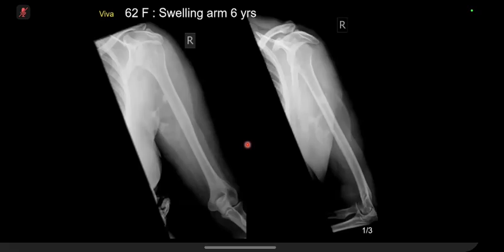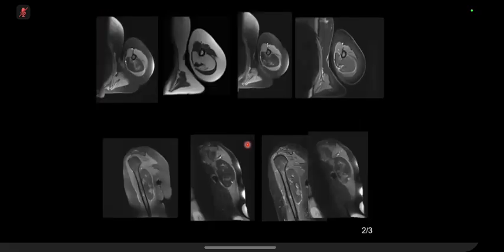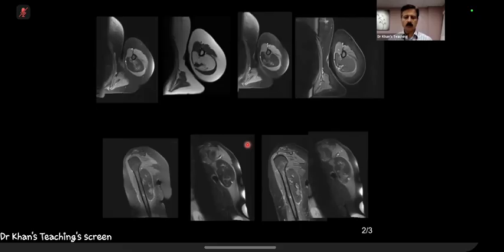An MRI. Here you are. Okay, so on the MR, we've got axial T1 and STIR.